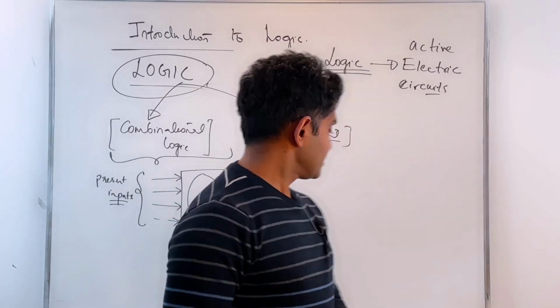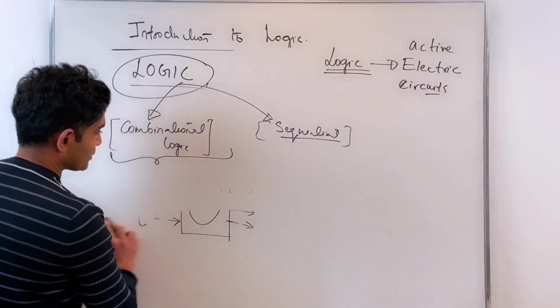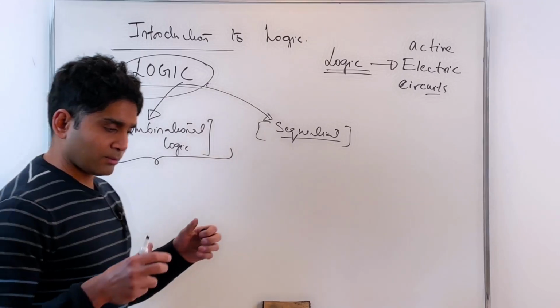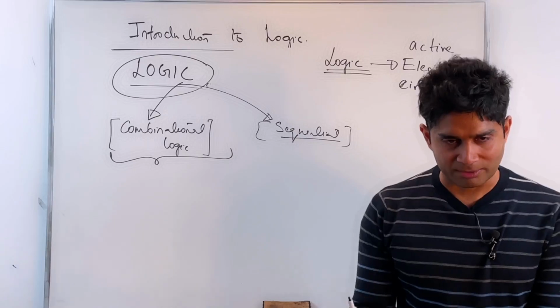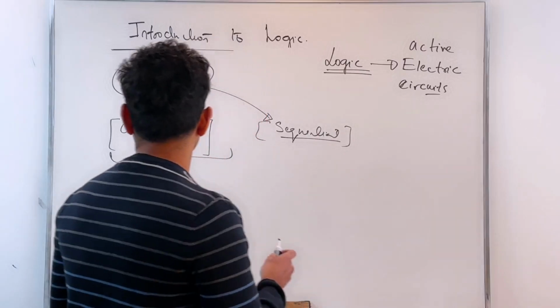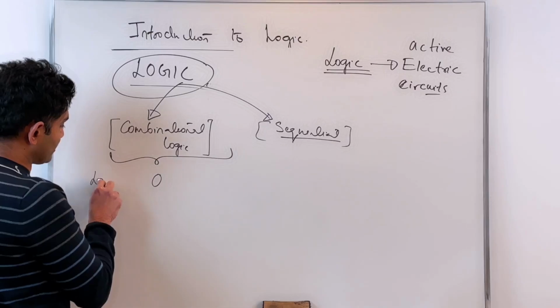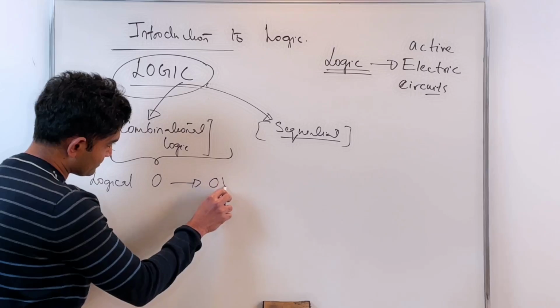All right. Now, with that, let's just recap, because all my devices basically understand zeros and ones. They understand voltages. And for our class, when I say logical 0, it corresponds to 0 volts.